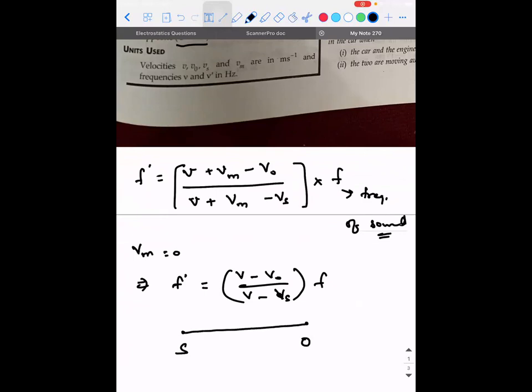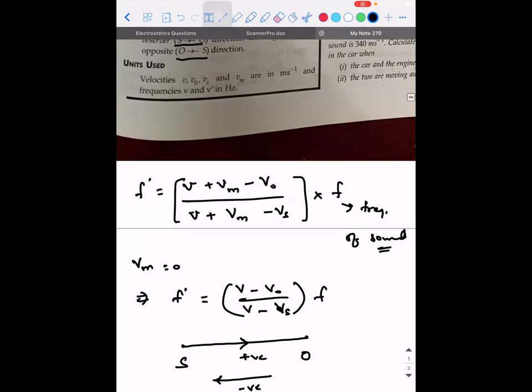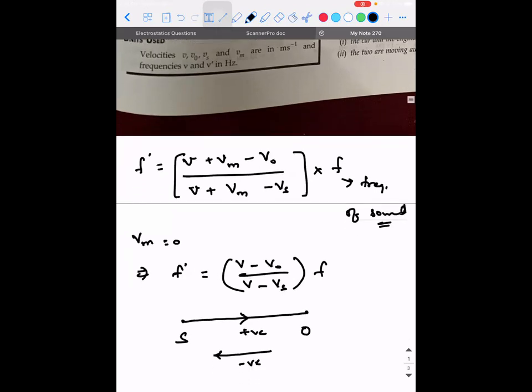Any velocity in the direction of source to observer is considered positive. Any velocity in the direction of observer to source is considered negative. I'm not going to show you the derivation at all. That is not needed. We are only going to see how to apply it. So please make a note of this.